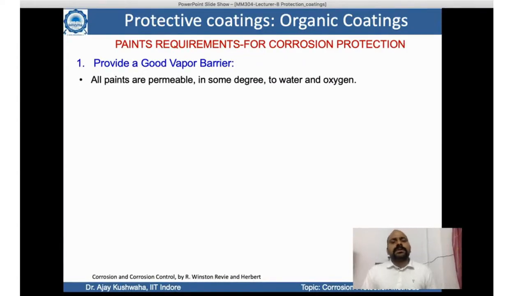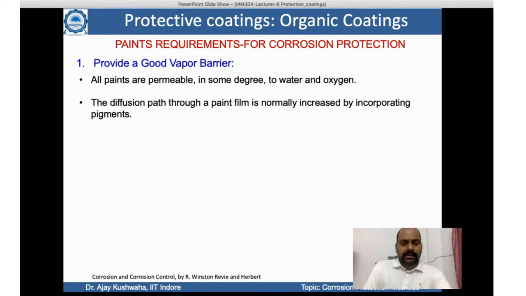So these were basically the types of organic coatings, and the parameters or inputs on which the property of organic coatings depends. Now if we are thinking of providing a good vapor barrier, what do we have to take care of? All paints are permeable to some degree to water and oxygen.